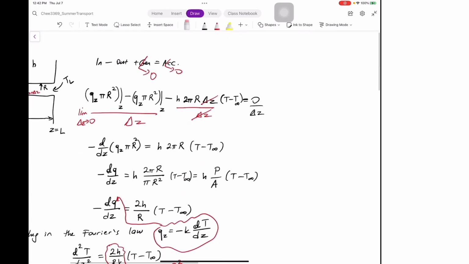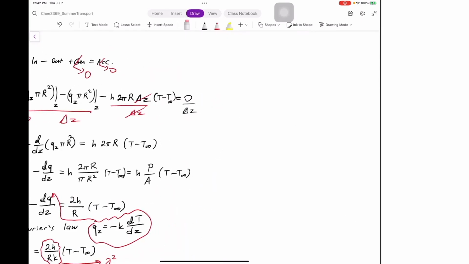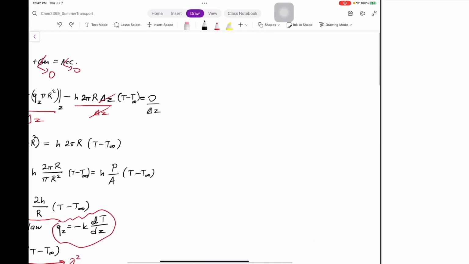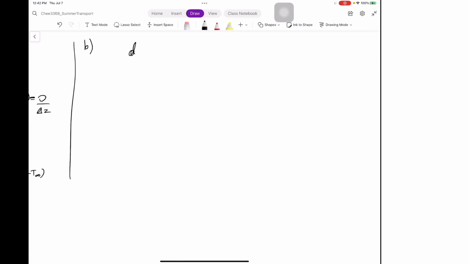If you commit to the shell balance that you did and add up all the heat lost from the surface, you would get dq convection, the heat loss through convection, equal to h times the infinitesimal area, which is delta Z times perimeter, 2 pi r, times T minus T infinity.